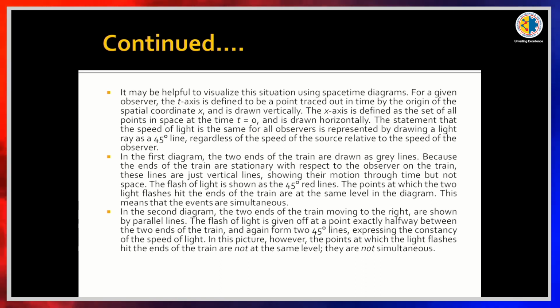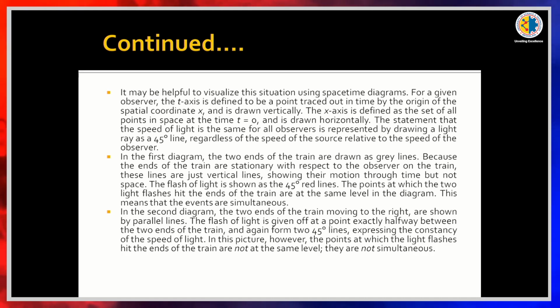The statement that the speed of light is the same for all observers is represented by drawing light rays as 45-degree lines, regardless of the speed of the source relative to the observer. So, we know that the world line of light is at a 45-degree angle.